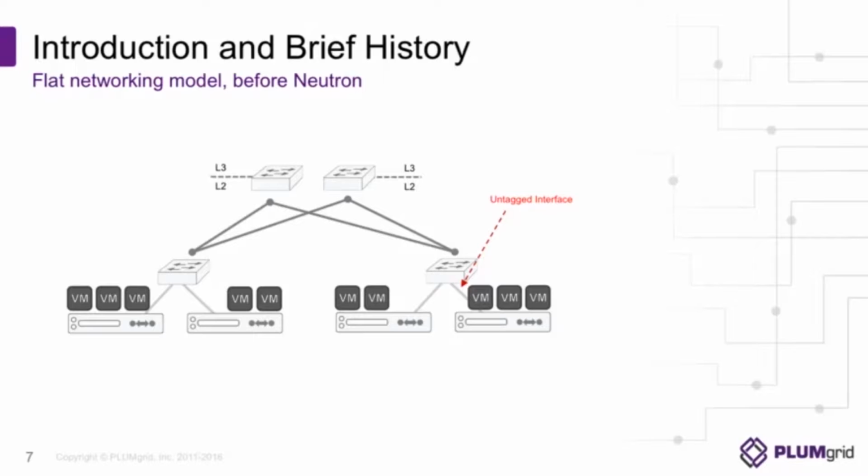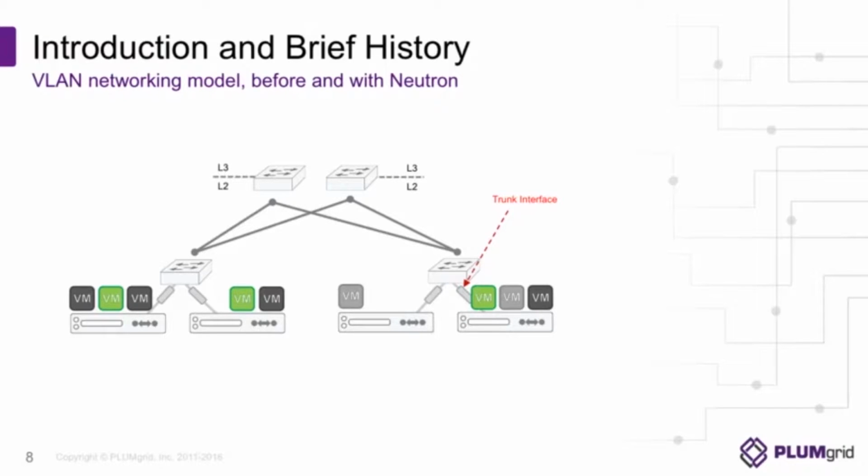So with the introduction of Neutron, another model was available. Technically, this VLAN networking model is also available for installations that use Nova Compute, but with Neutron, deploying this kind of topology was easier.